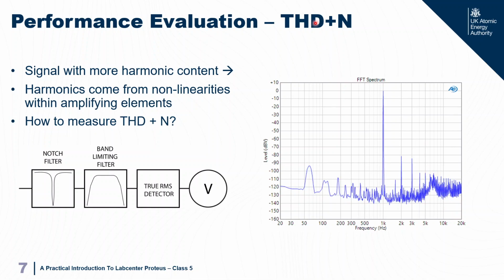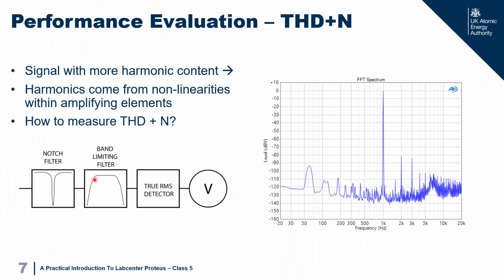So if you want to assess how well an amplifier performs in terms of the undesirable distortion that it adds to a signal, how do you do it? You put a perfect sine wave in, and then you notch the signal back out once you're reading it back. So you'd get rid of the fundamental entirely with a notch filter. You'd band limit it across the bandwidth that you're interested in.